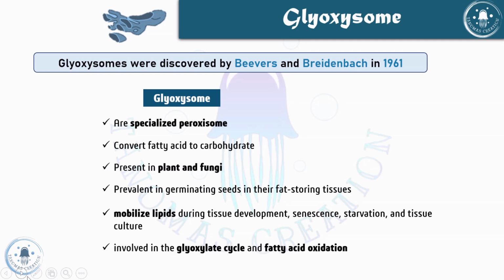The glyoxysome is also involved in the glyoxylate cycle and fatty acid oxidation. Since the glyoxysome is a specialized type of peroxisome, we can say that fatty acid oxidation occurs in the peroxisome also.